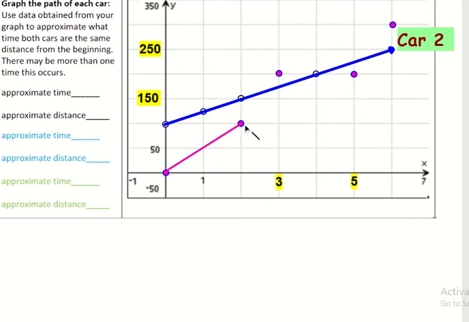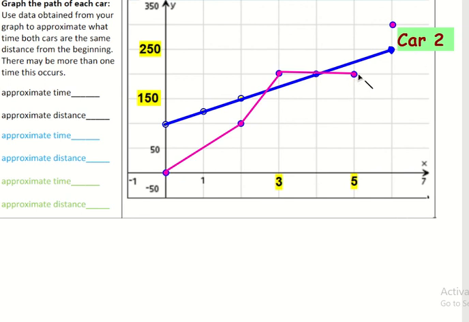So here's our line for the first leg of his trip. 2 hours, he traveled the first 100 miles. In the second leg, he traveled that 100 miles in an hour. The third leg, he sat still for 2 hours.